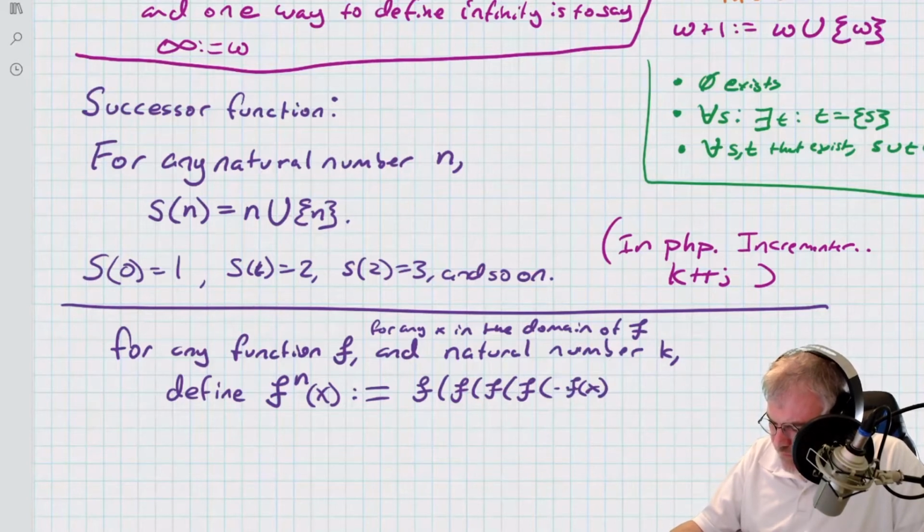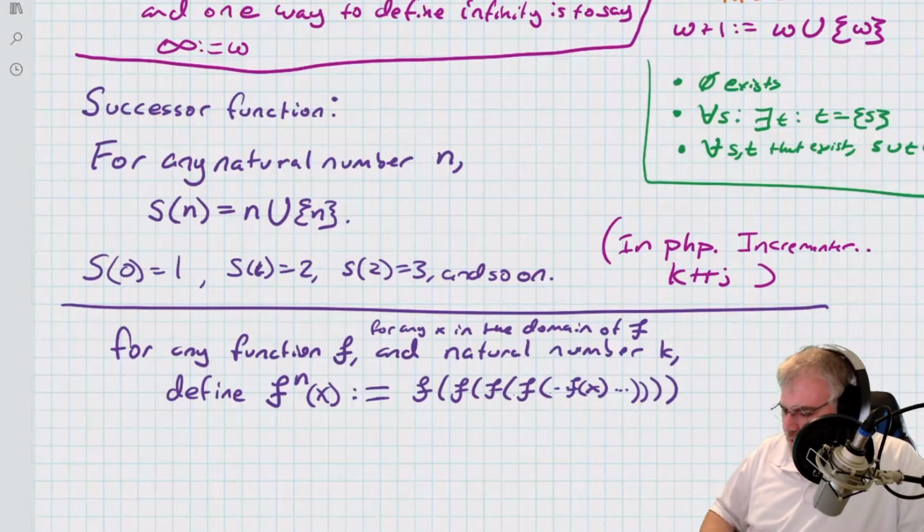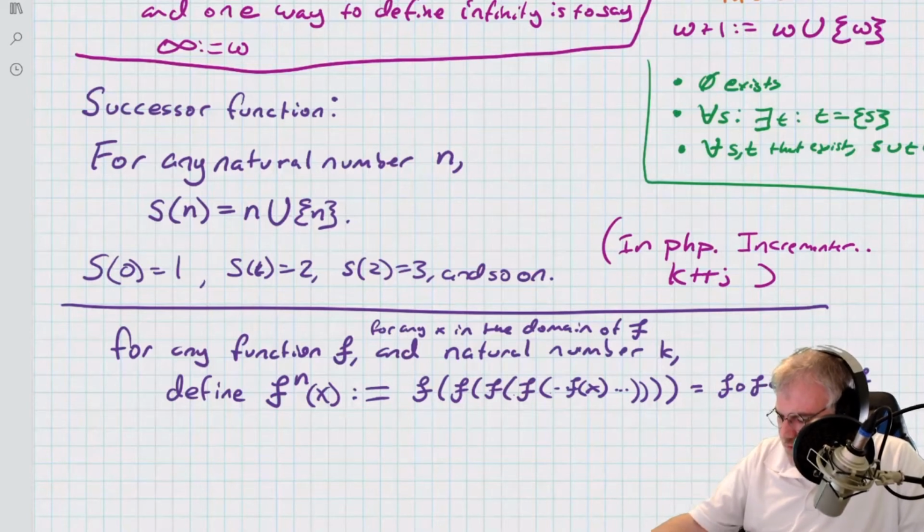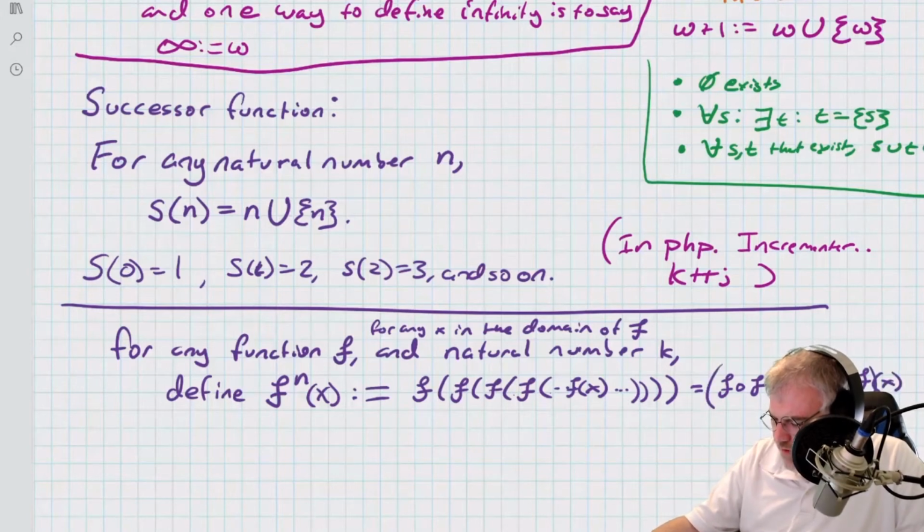And then I need 1, 2, 3, 4 dot closures. In other words, f circ f circ f circ f ... f of x, where there are n f's.